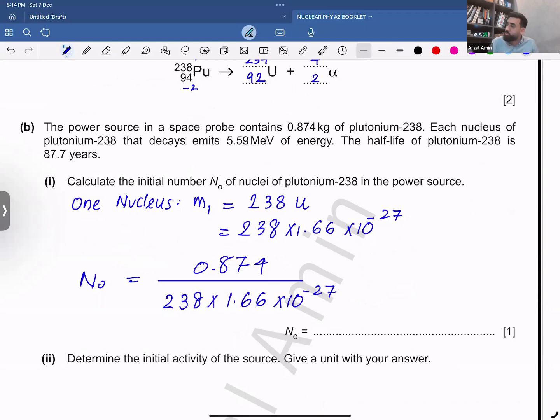We divided the total mass by the mass of each nucleus. You get the number of nuclei present initially.